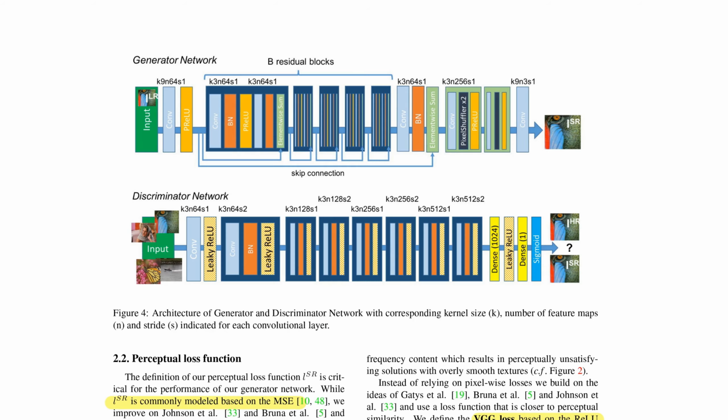Peeling back the layers, our generator is a deeply structured network constructed with several residual blocks. It's built on the foundation of convolutional layers paired with batch normalization and parametric ReLU activations. To enhance the image resolution, they employed a sub-pixel convolution layer.